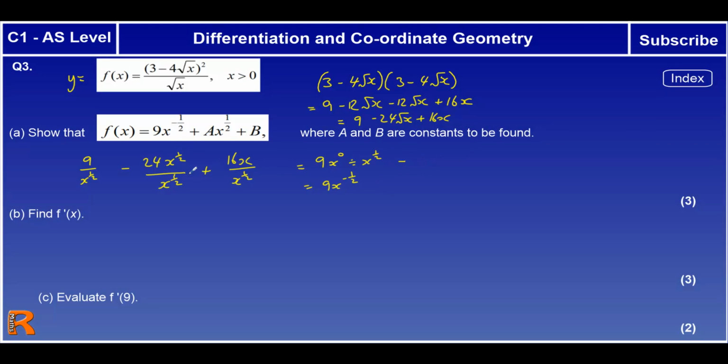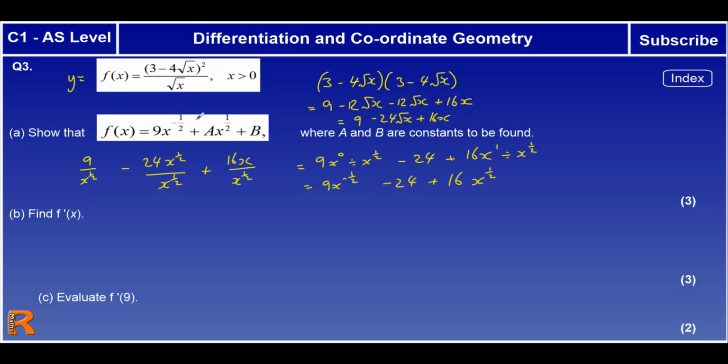These x's to the half cancel, so we just got minus 24, and we've got this plus 16x to the 1, x on its own, divided by x to the half, and we're just going to subtract those powers to give us x to the half. Okay, so that's our expression, 9x to the minus a half.